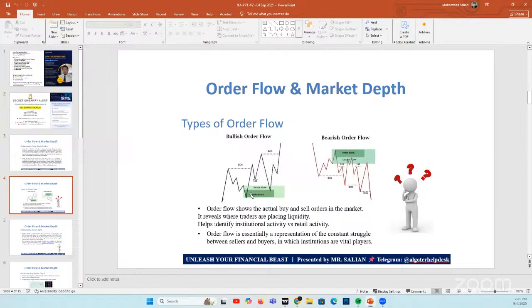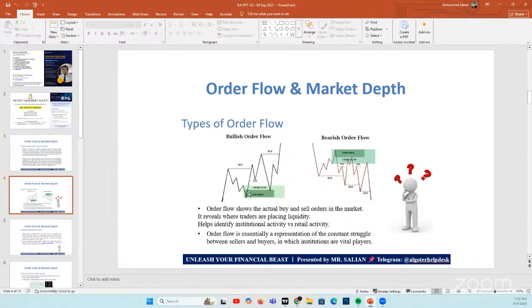That's why us retail traders need to know where exactly, as much as possible. You cannot say for sure 100%, but with your months, years of trading, you will know where exactly the order blocks should be.